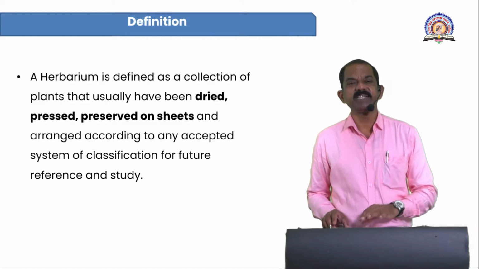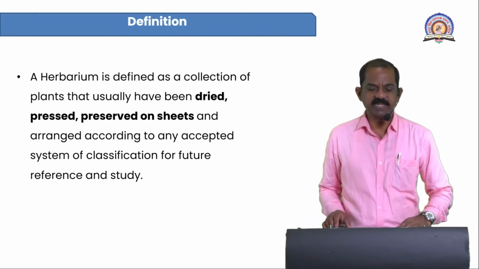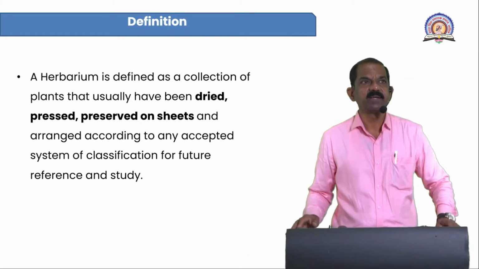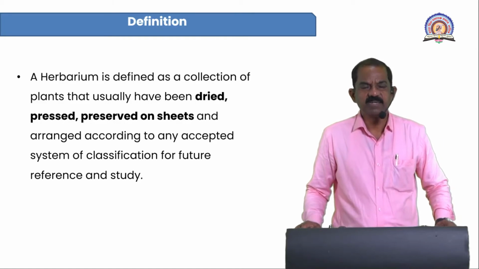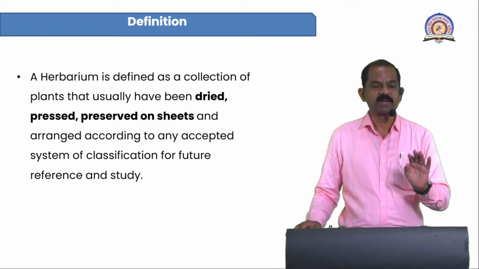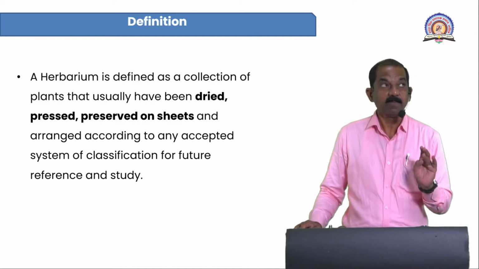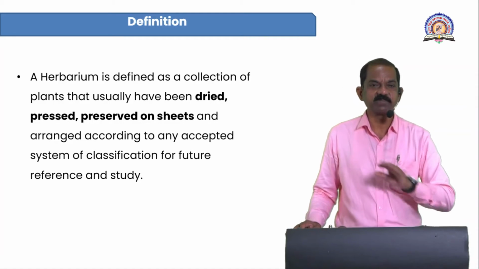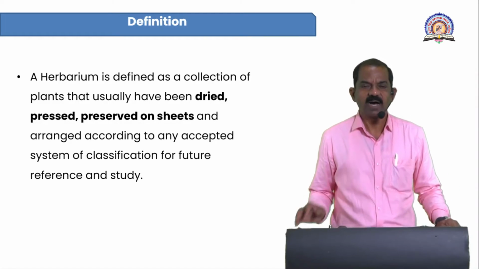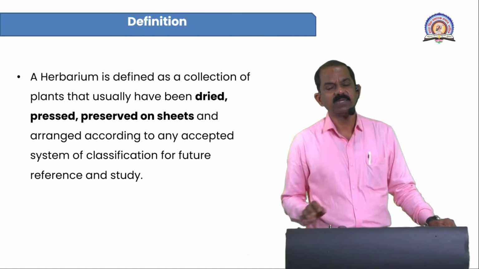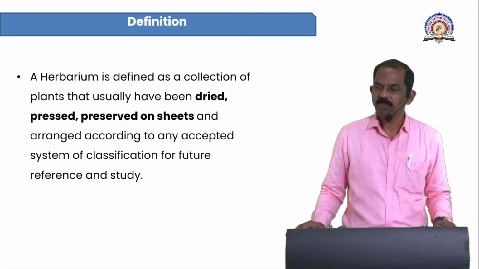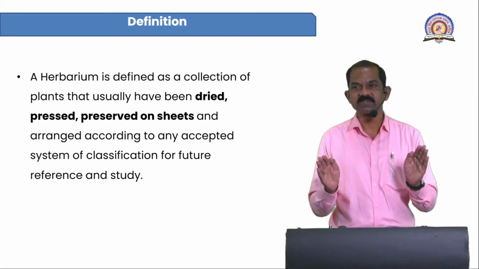Simply, we will say herbarium is the preservation of plant specimens by drying the plant part, pressing it, and preserving it on a herbarium sheet, arranged according to an accepted system of classification for future reference.